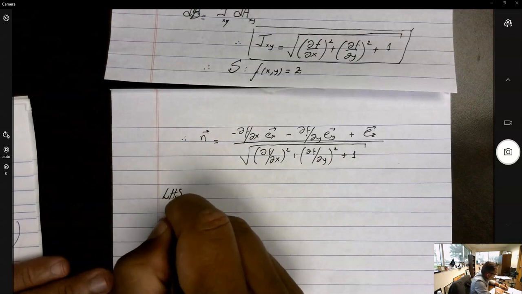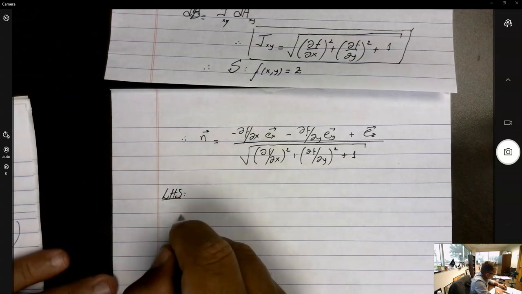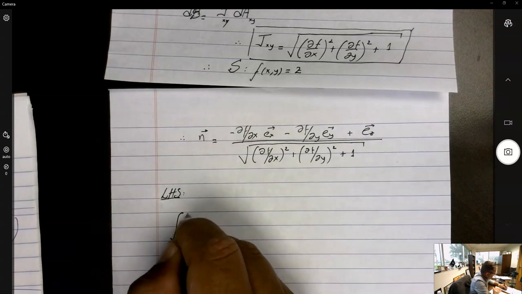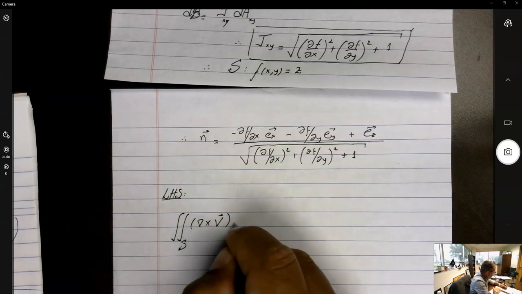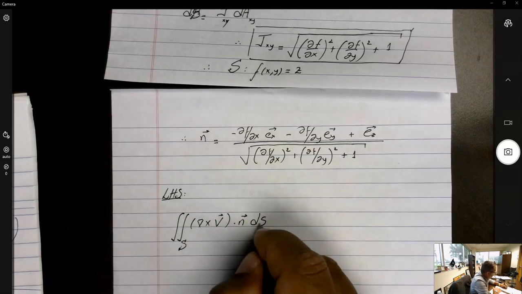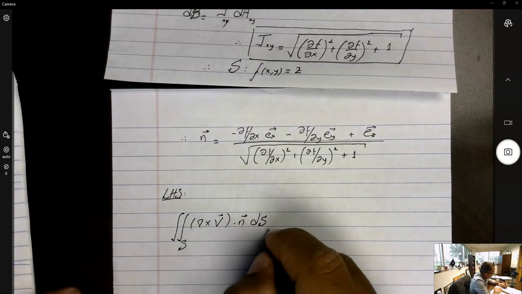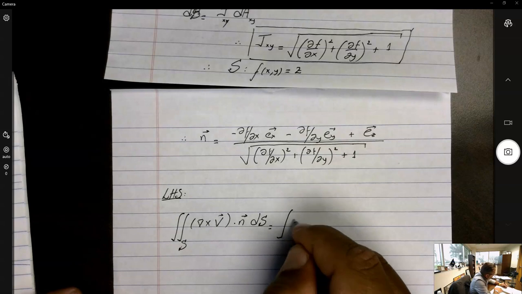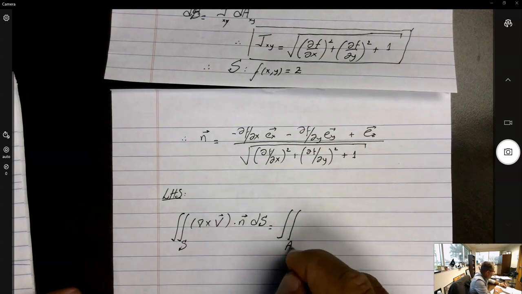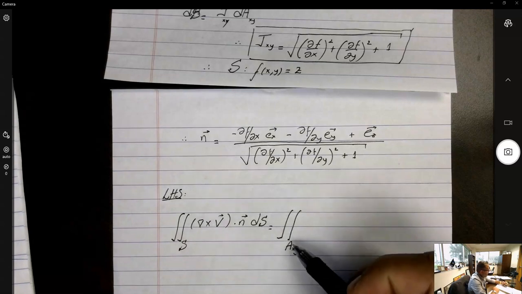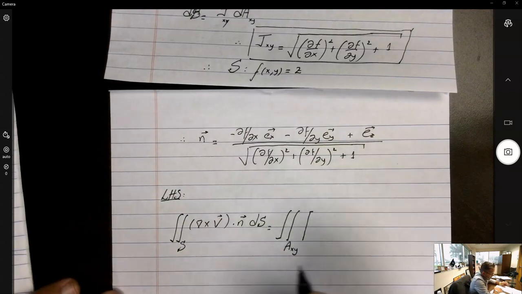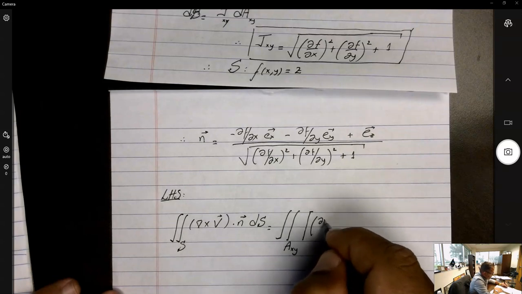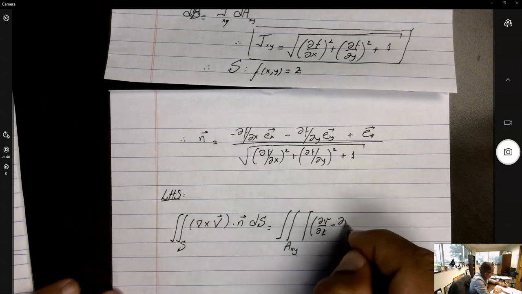So the left-hand side of Stokes' theorem, which is the integral over the open surface of the curl of V dotted into n dS, works out to be the integral over the xy area, so it would be over limits in the x direction and the y direction, depending on how you write the dx dy or the dy dx, of the first component of the curl, which is dv dz minus dw dy.